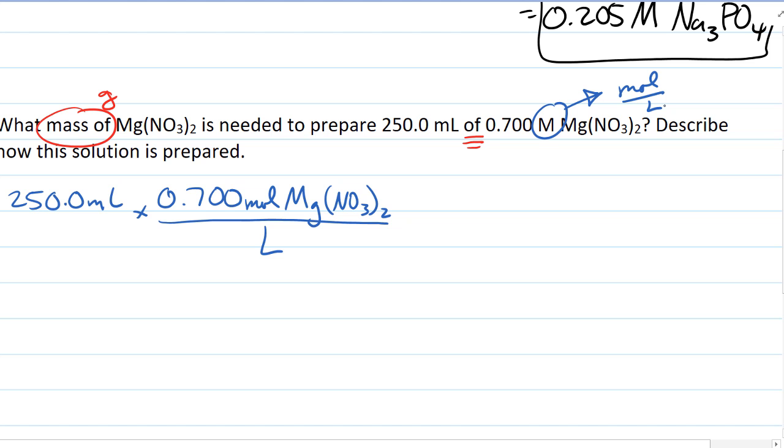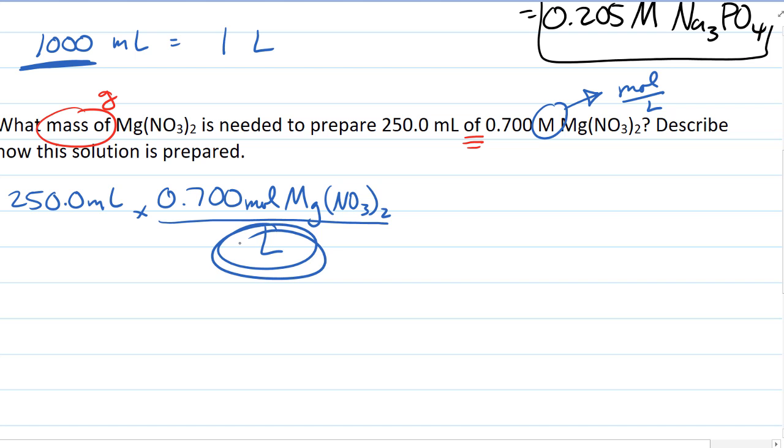Well, we're still not quite in position to cancel out units, but then we should remember the relationship between milliliters and liters. How many milliliters are there? 1,000 milliliters for every 1 liter. So in other words, I have 1 liter written here.